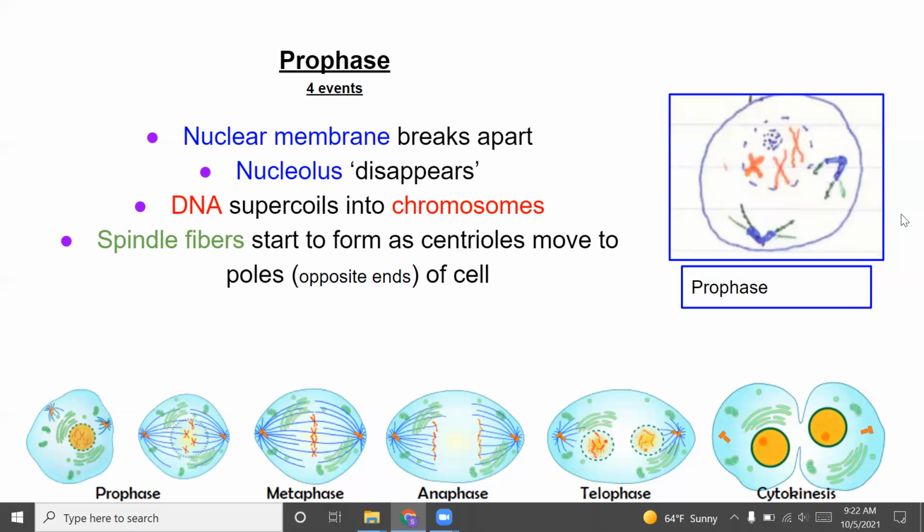Okay, so when you redraw this 5 times for homework, I would do the colors, okay? And make sure you draw your nucleus dashed, your nucleolus dotted, your chromosomes in chromosome form, in the X pattern. And your spindles, you just have little baby spindles, okay? Little baby spindles.